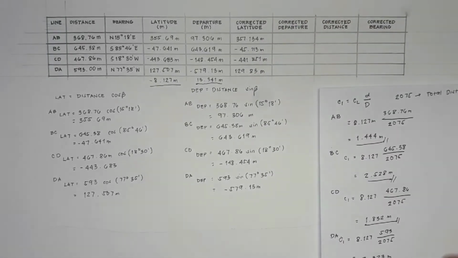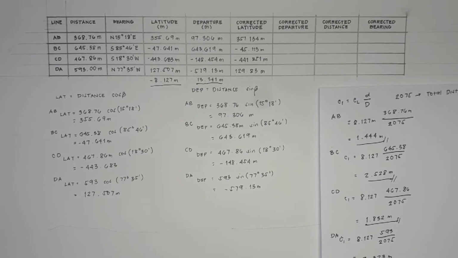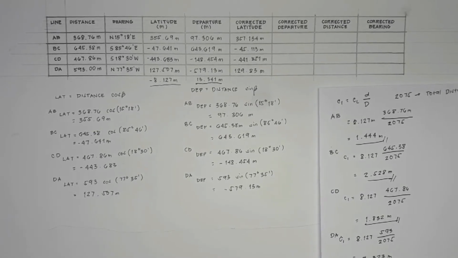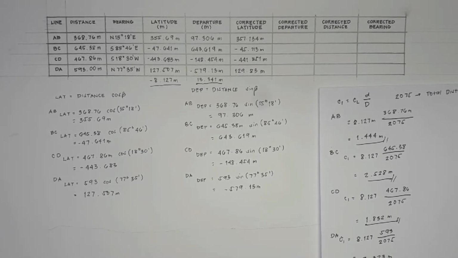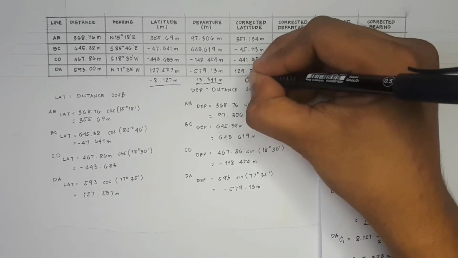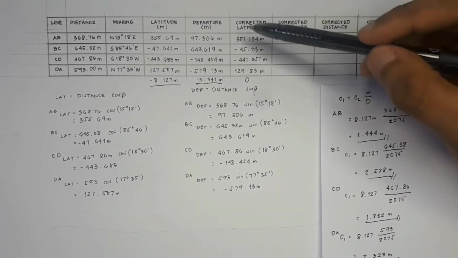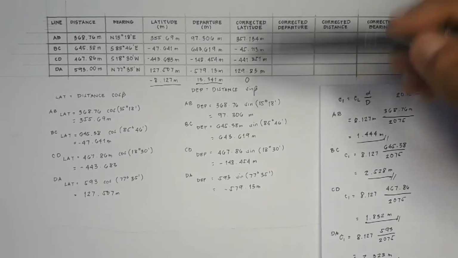So we have 357.134 meters plus negative 45.113 meters plus negative 441.851 meters plus 129.83 meters, and the answer is 0. So that means that we eliminated the errors in our latitude.